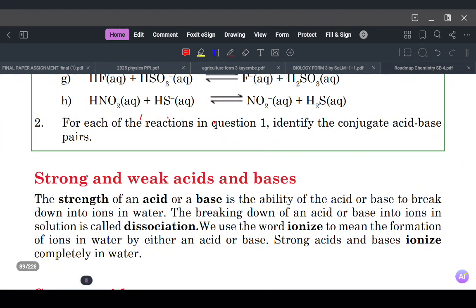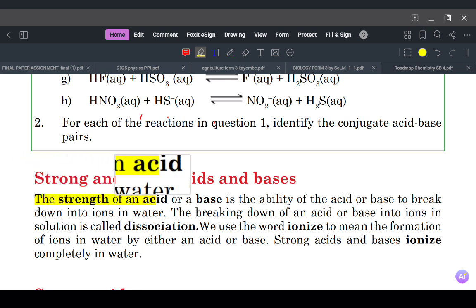All right, so we continue looking at another aspect of acids and bases, which is called strength or weakness of acids and bases. So we are going to define strength of an acid or base.